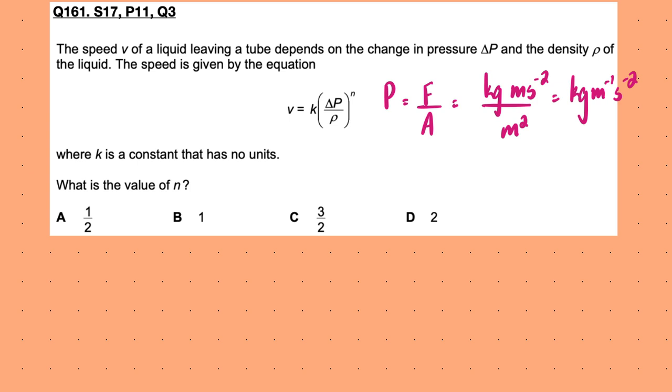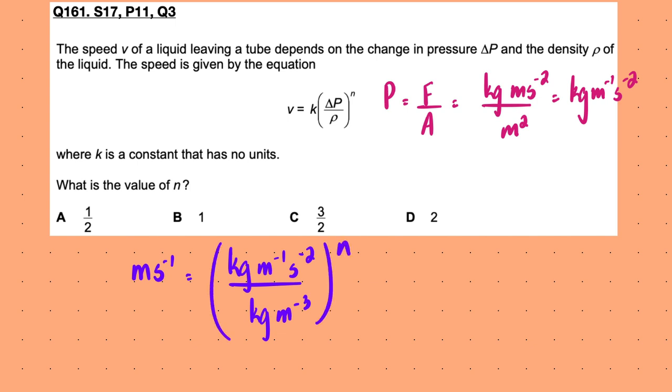And then you now start to work with the equation given. So V is in meters per second, K is a constant that has no unit, so we'll just let this be. And on top you have kg per meter per second square, and then you have the density, which is kg per meter cube, and this is raised to the power n.